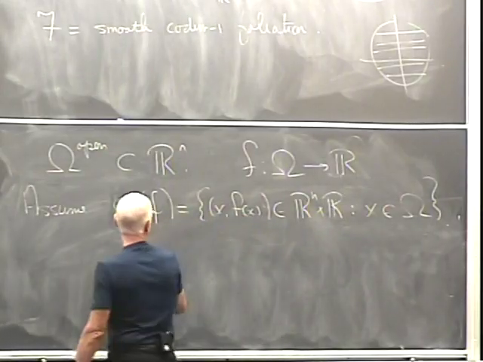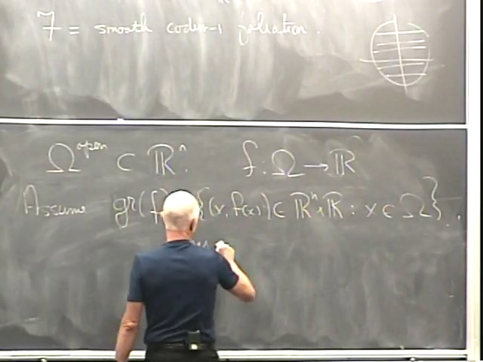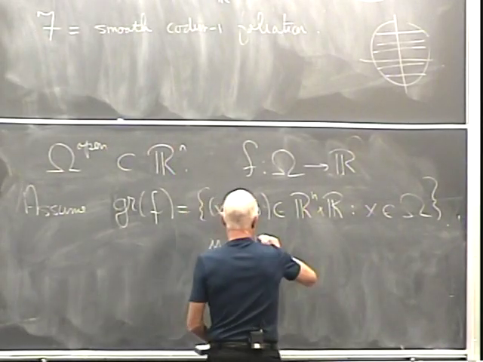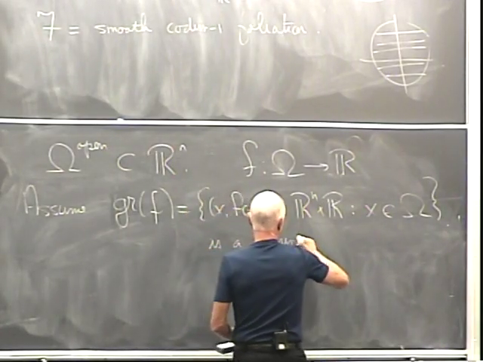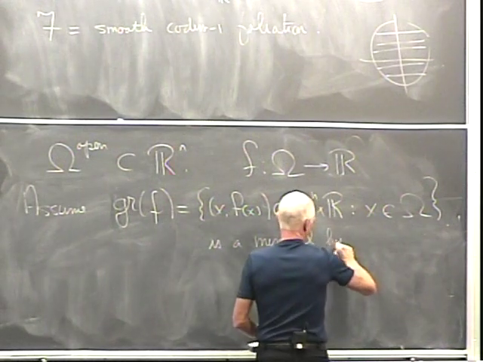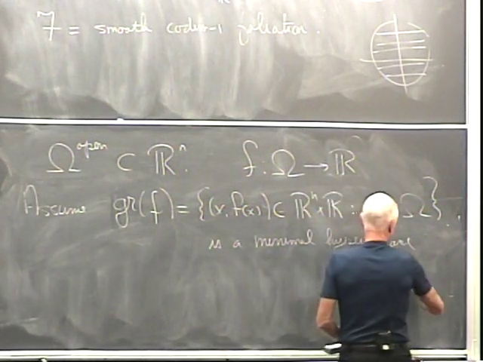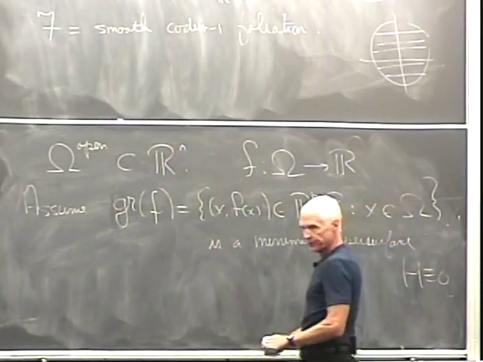Assume that this is a minimal hypersurface, by which I mean the mean curvature is identically 0.